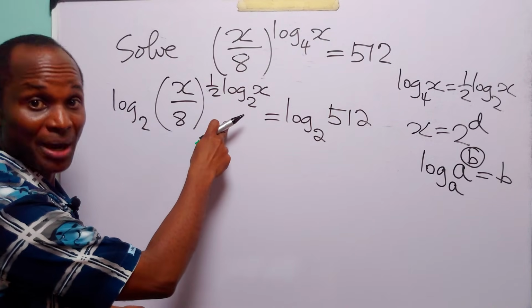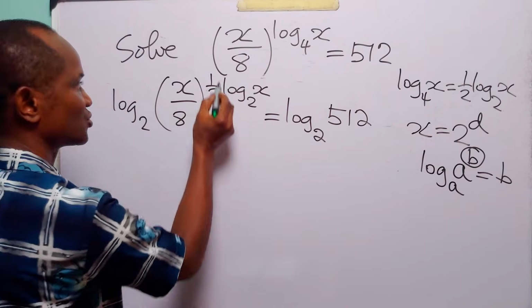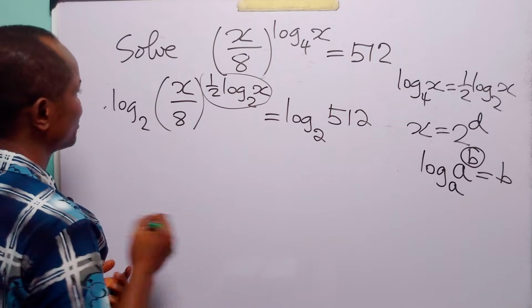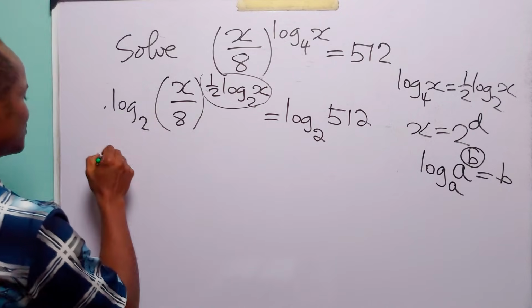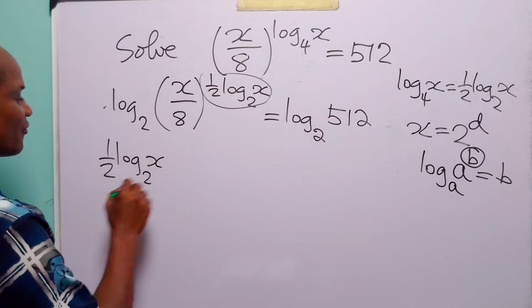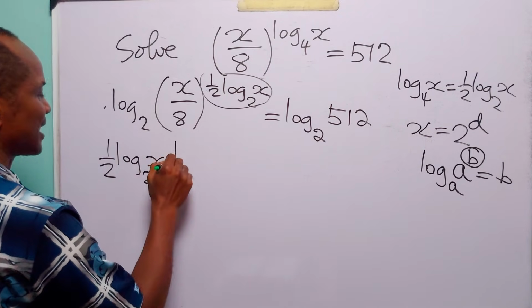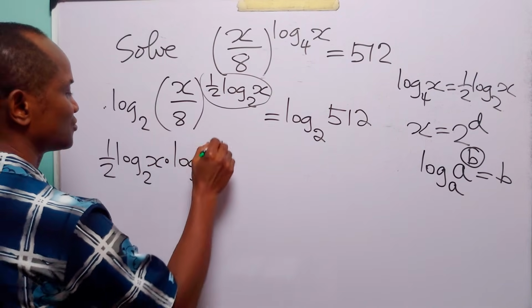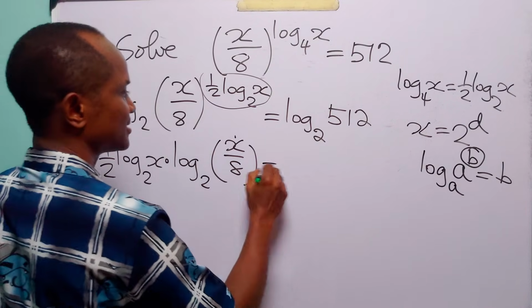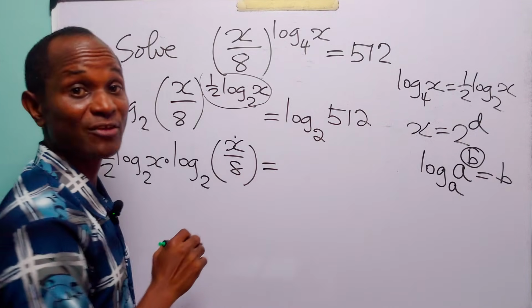Now, when we apply the power rule to the left-hand side, we are going to bring down this exponent to the front of the log term to become a multiplier. When we do that, we have half times log to base 2 of x multiplied by log to base 2 of x over 8. And this is equal to log to base 2 of 512.